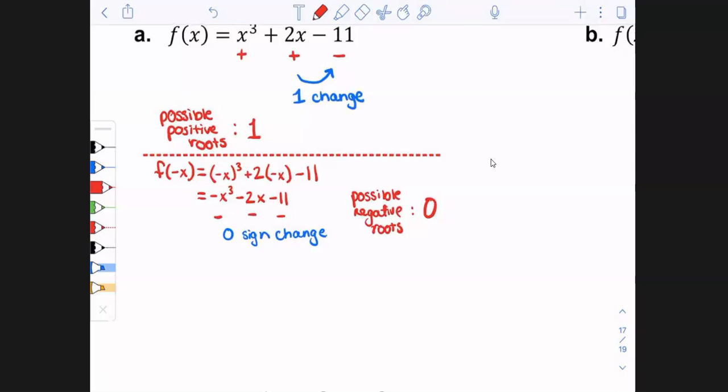Now remember, you can have positive real roots, you can have negative real roots, and then you can also have those imaginary roots. So we have one last kind of situation that we have to think about, and it's those imaginary roots. And the easiest way to do this is to make actually like a table. So if you have your possible roots, you can either have positive real roots, you could have negative real roots, you could have imaginary roots, and then you have your total number of roots.